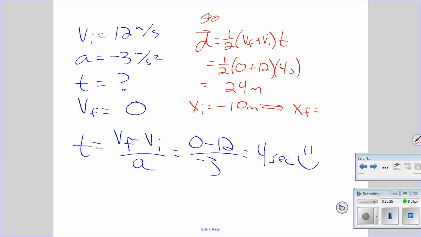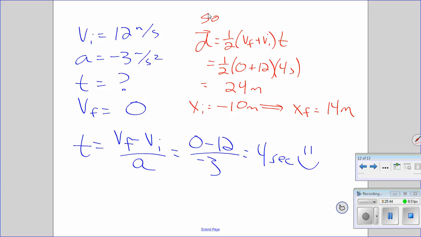Excuse me. What do you got? If we start at a position of -10 and then roll forwards 24 meters before we stop, where are we going to stop? 14, right? -10 plus 24, right? And so you get 14 meters, right? Cool?